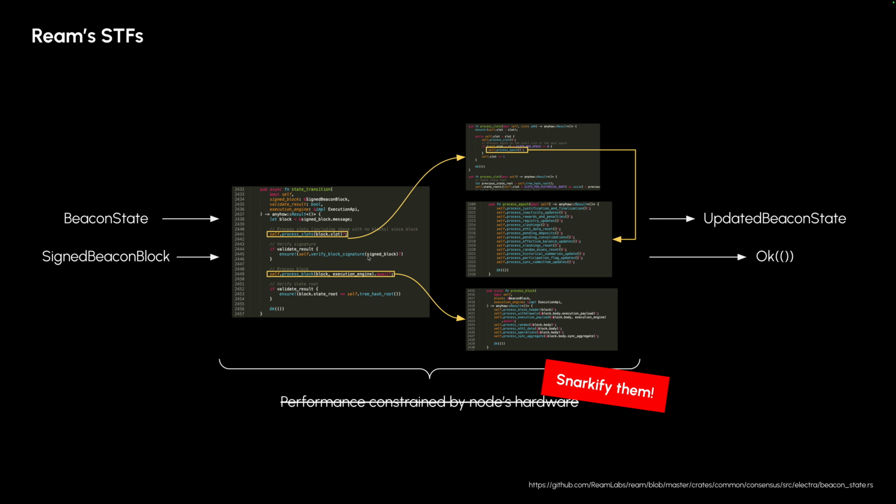Instead of each node, whether you're a validator, a tester, or just running a node to get the data out of the chain, processing all these operations and rebuilding the blocks one by one all the time, you just rely on someone to generate a proof that they have done all this processing, that they have got the updated beacon state out, and that nothing failed. They are supposed to generate a proof that all of this has been done without any errors.